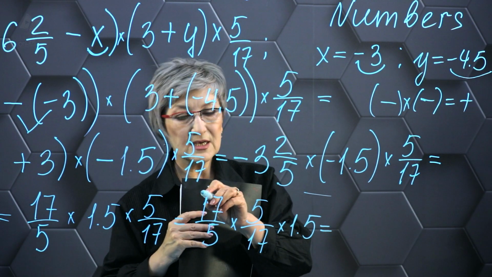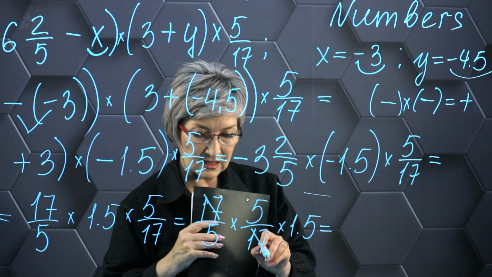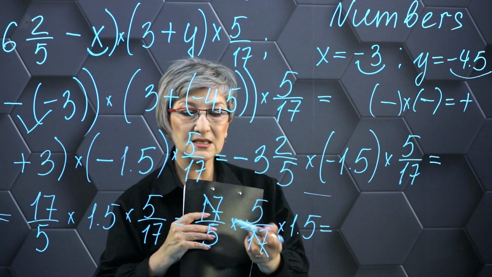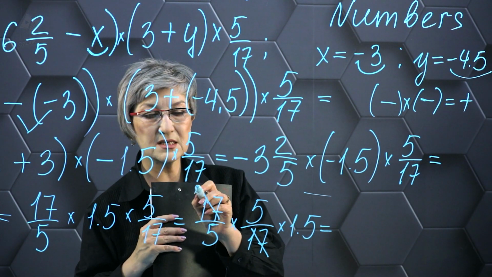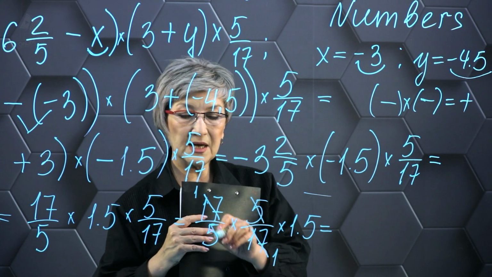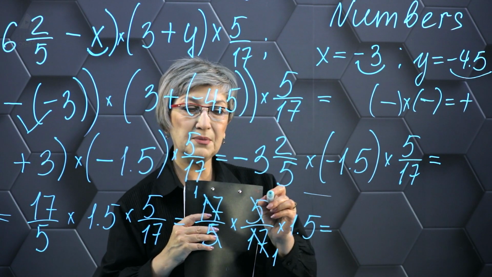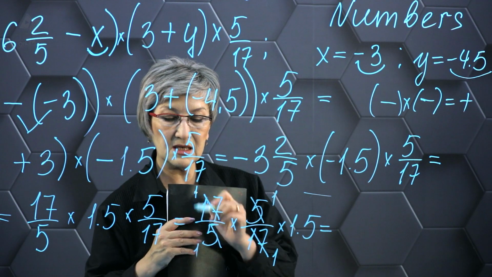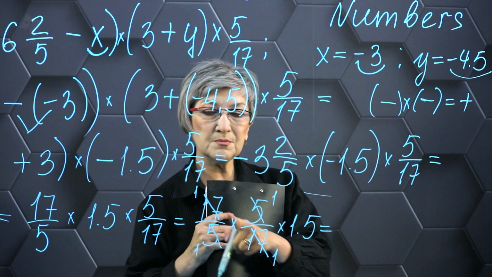In this case 17 and 17, I can divide by 17. 17 divided by 17 is 1, 17 divided by 17 is 1. Now 5 and 5, I can also divide by 5: 5 divided by 5 is 1, 5 divided by 5 is 1. And as a result, we see 1 times 1 is 1.